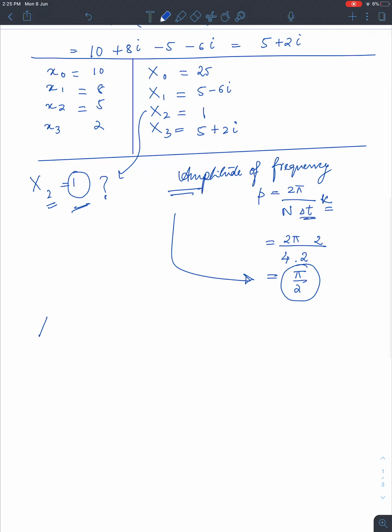What about X1 equal to 5 minus 6i? Now how can I say that 5 minus 6i is an amplitude? That is not really possible, right? It's complex. So how do I find out the amplitude here? What do you do when you have a complex variable like this? You can say that the amplitude of this is the square root of psi i star psi i, just like we do for our wave functions.